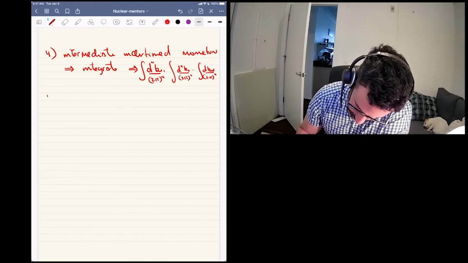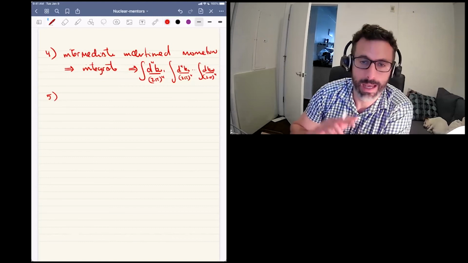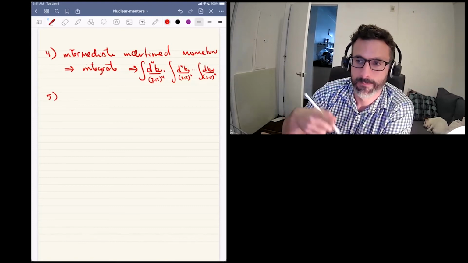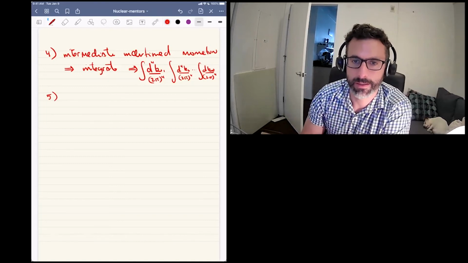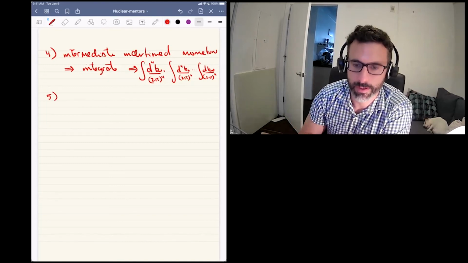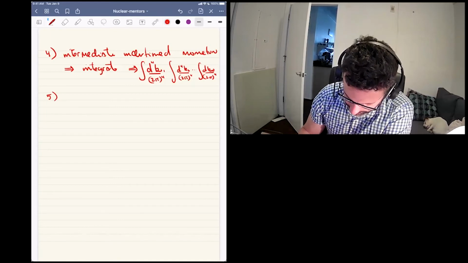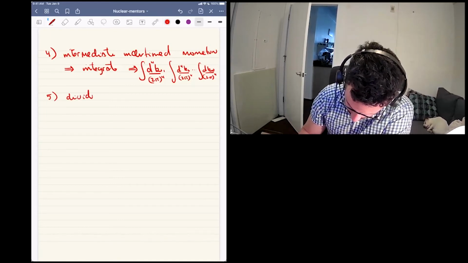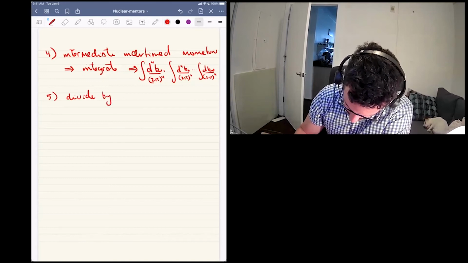So what needs to happen is that there are symmetry factors associated with the fact that you can't distinguish between the intermediate particles. There's yet another technical point, that you have to divide by a symmetry factor.